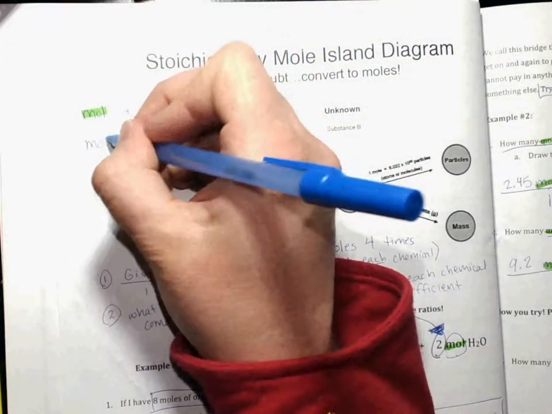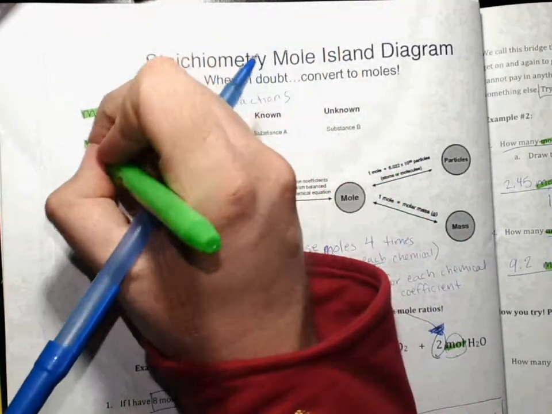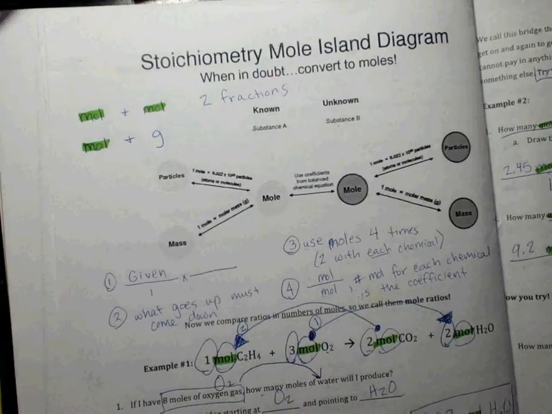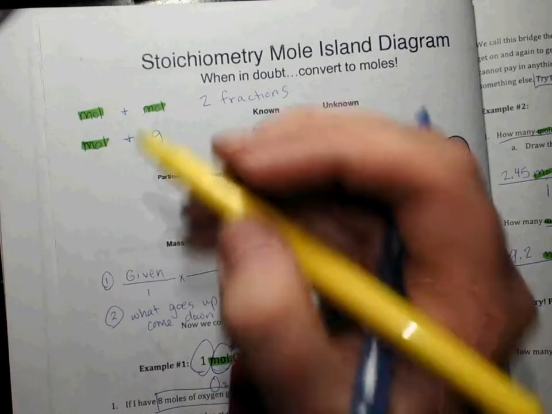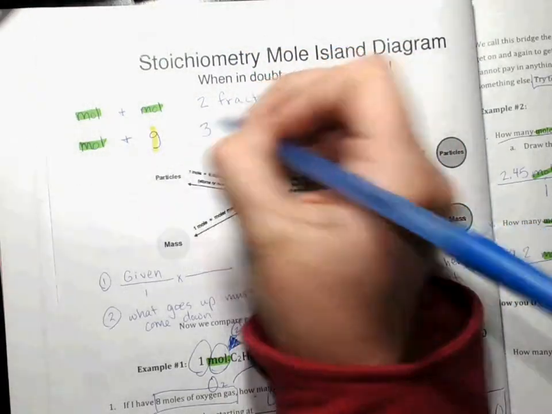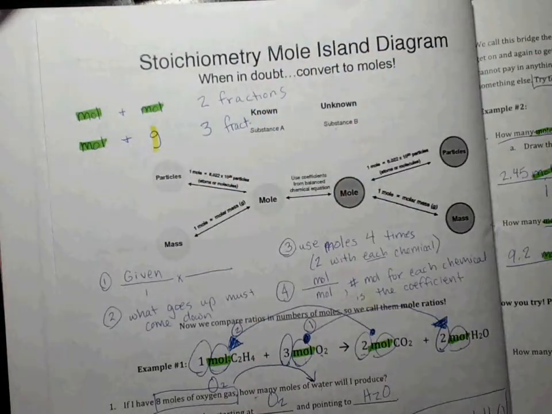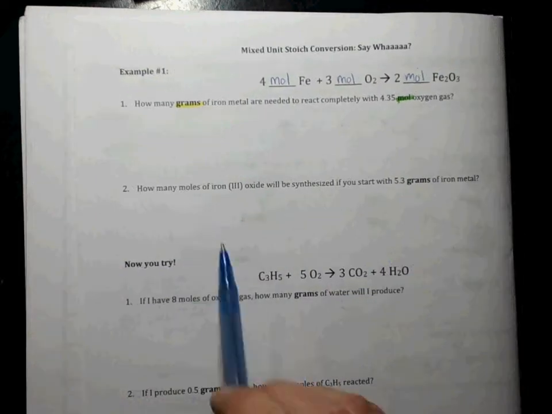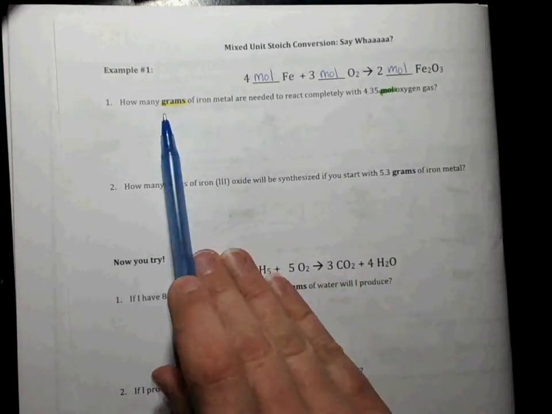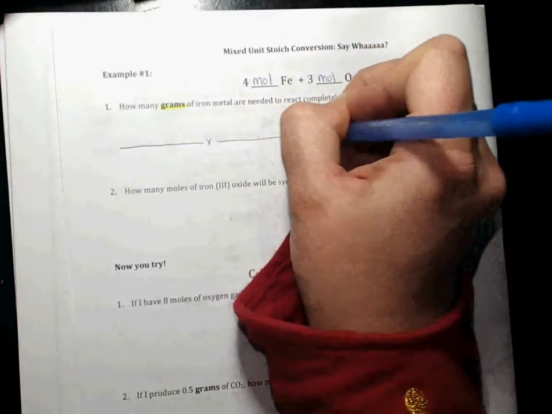But if the problem has moles of one chemical and grams of another chemical, that is going to be the dreaded 3 fractions. You're fine. It's fine. So in this problem where I have moles and grams, that's going to be 3 fractions.